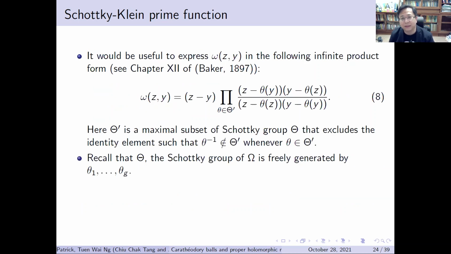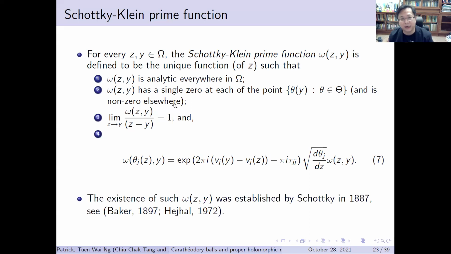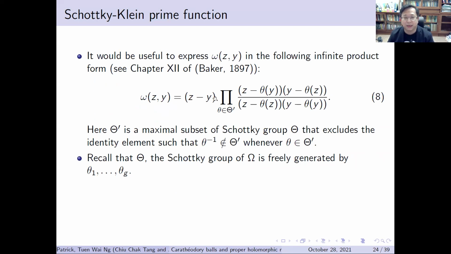Now, for applications, it is sometimes useful to have these things more explicit, rather than just having some abstract function which satisfies these 4 conditions. In fact, under some conditions, you can express this omega as an infinite product.